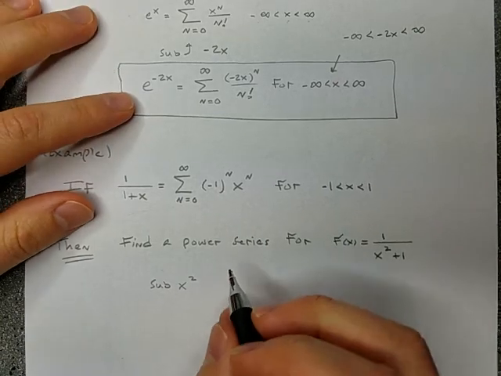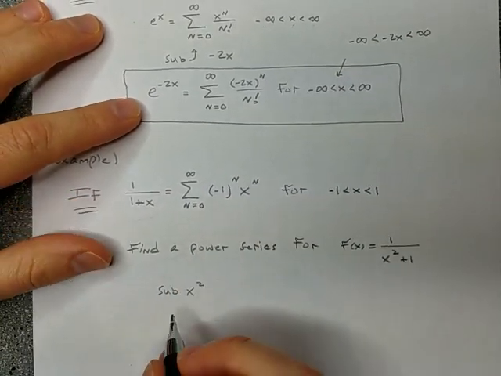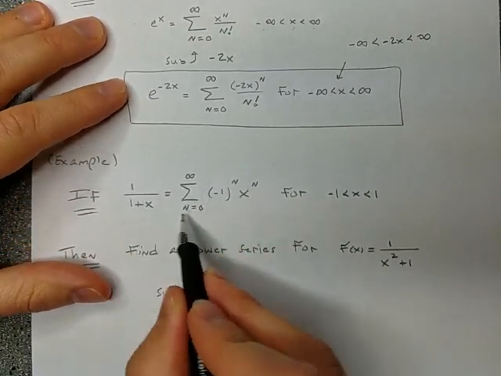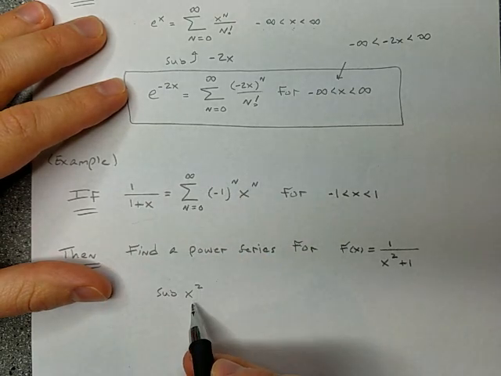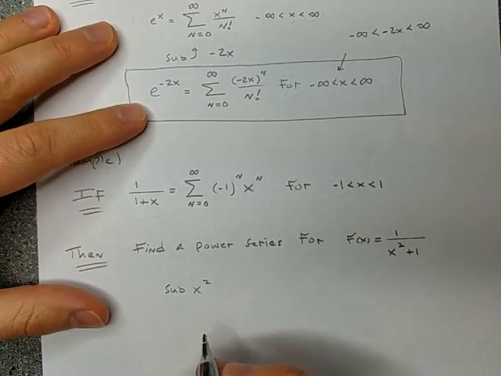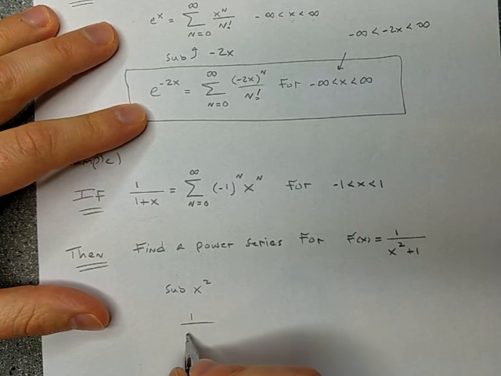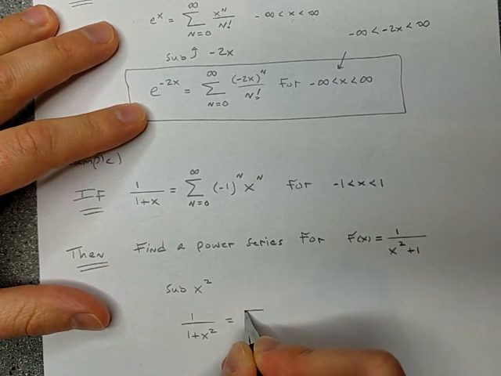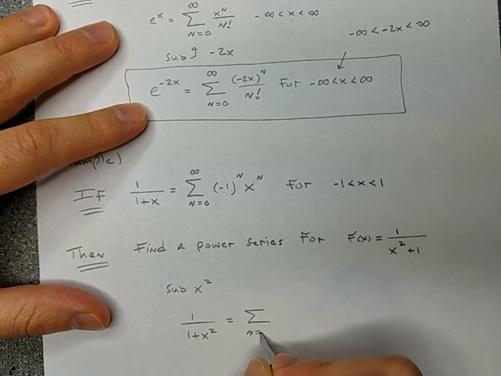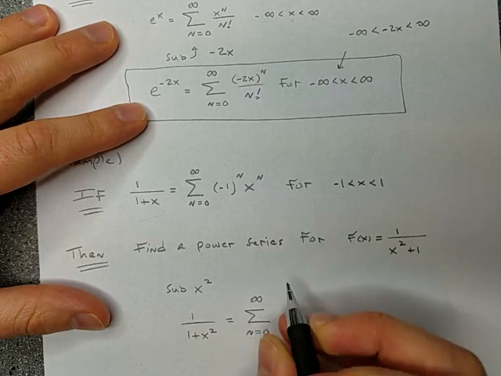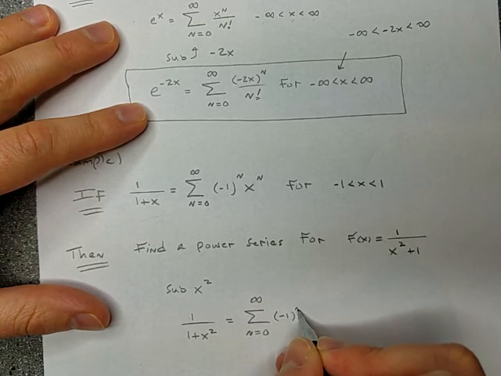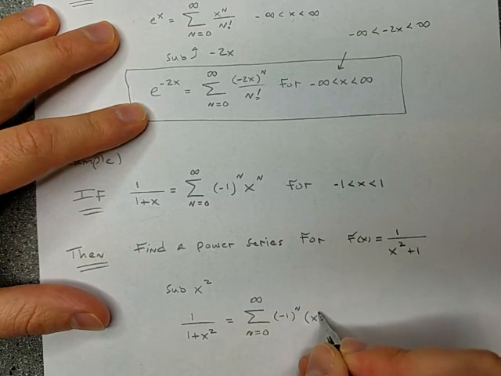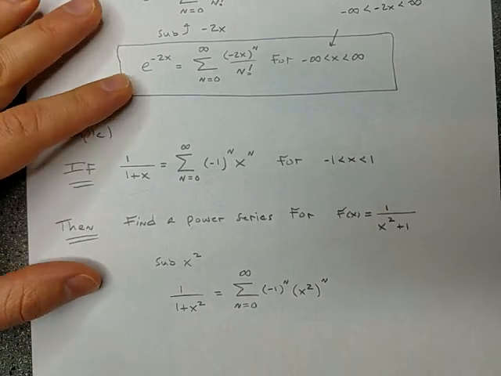If I do that, I'll get this. If I take this statement right here and substitute x squared in place of the x's, then it's going to say this: 1 over 1 plus x squared equals the sum from 0 to infinity of negative 1 to the n power times x squared to the n power.